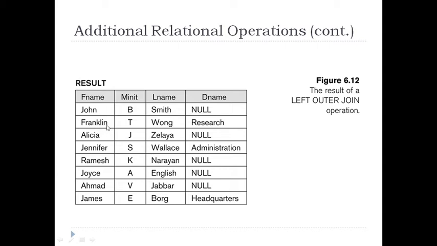Here Franklin is the manager of the research department, but John is not, so we have to put null. It will take all the names from the first operand relation. If there is a matching value in the department table, that will appear in the result. If there is no matching value in the department for this tuple, then for the dname attribute it will place a null value.